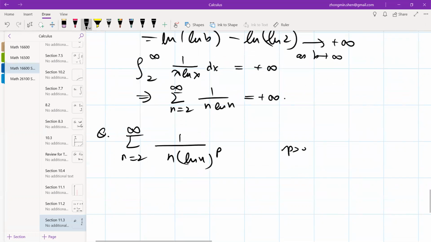So here, if p is greater than 0, okay, if p goes to the top, definitely it's divergent, I will show you later. Okay, if p is 0, then the natural log will disappear.